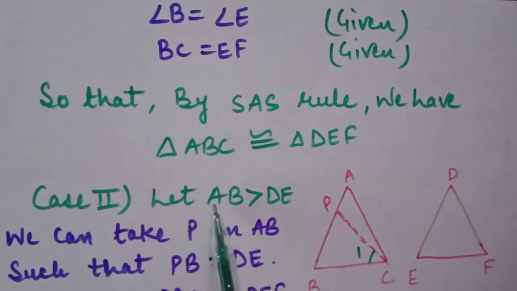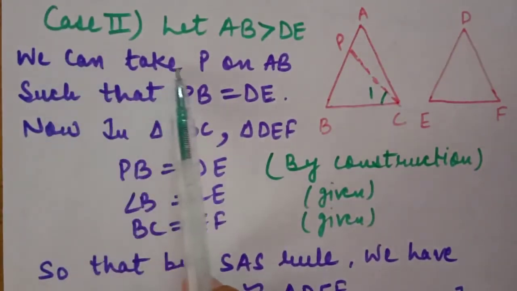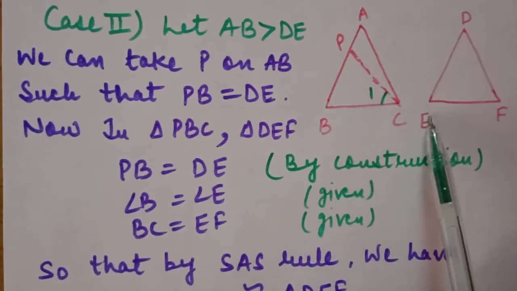Now case second. AB is greater than DE. So we can't take them as it is. We have to do something and take a part from this line segment which is equal to DE. So students, we can take P on AB such that PB and DE are equal to each other.